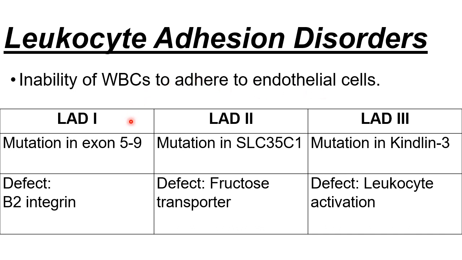So, we have three types of LAD or leukocyte adhesion disorder and depende kung anong genetic mutation. Kapag LAD1, ang mutation niya is exon 5 to 9 and the defect will affect the beta-2 integrin receptor, which is one of the proteins for the adhesion to blood vessels.